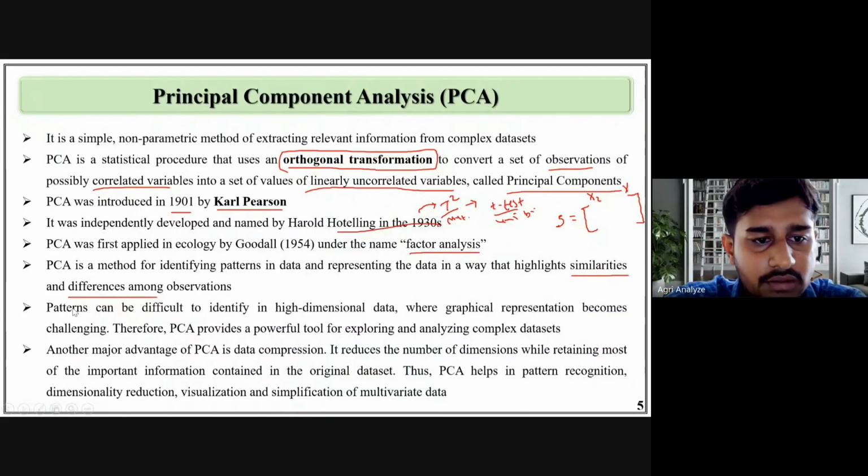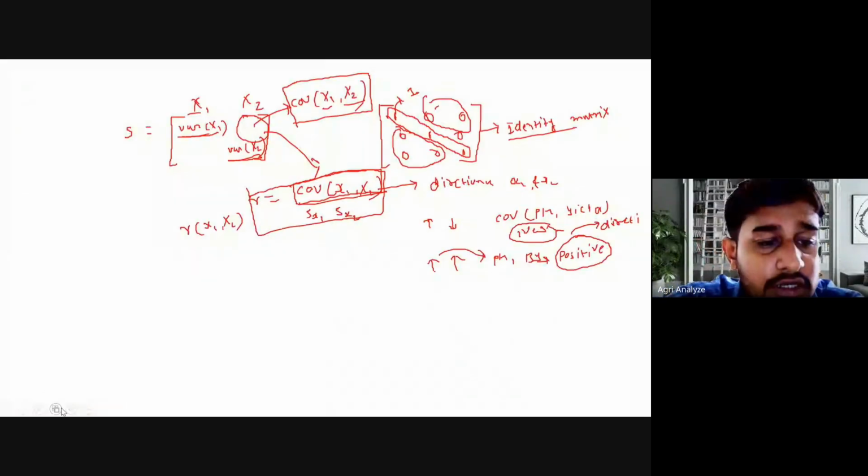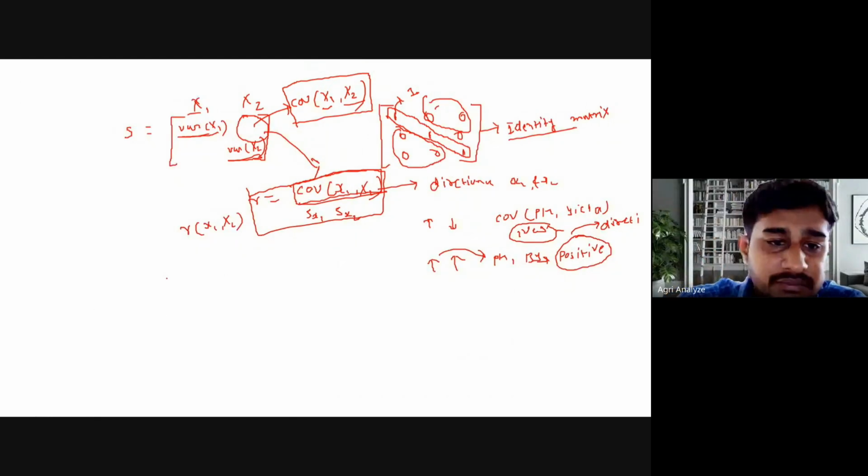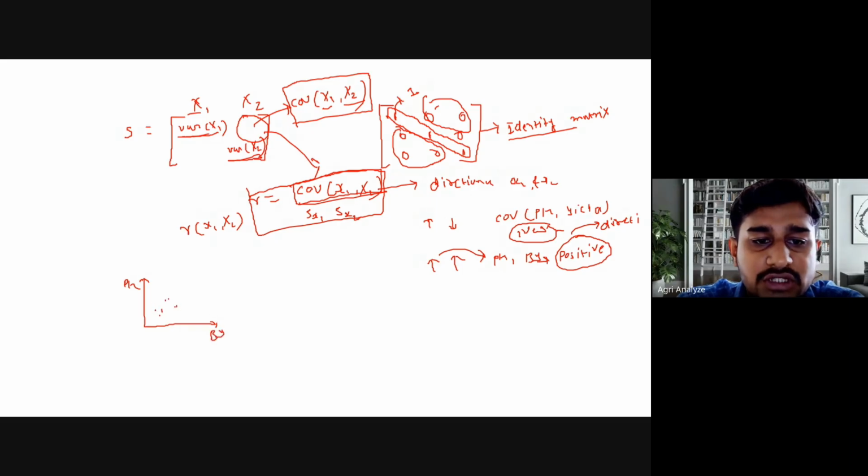Patterns can be difficult to identify in high dimensional data. I will explain how patterns become difficult in high dimensional data. If we have two-dimensional data like plant height and biological yield, this is our data of plant height and biological yield, and we see that if plant height increases, biological yield also increases.